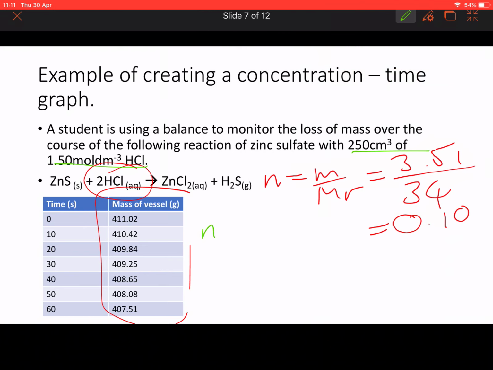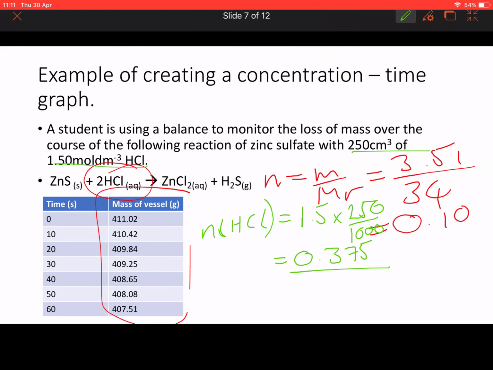So the number of moles of HCl that we had at the start are 1.5 times 250 divided by 1,000, which is 0.375.